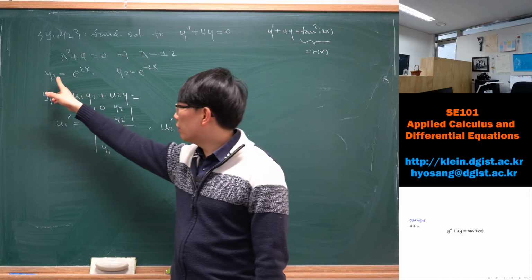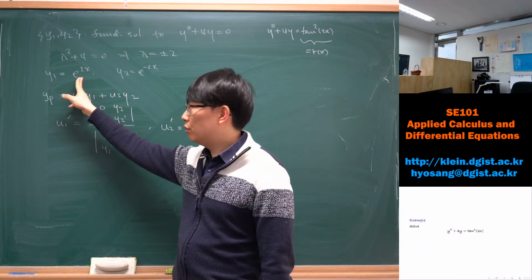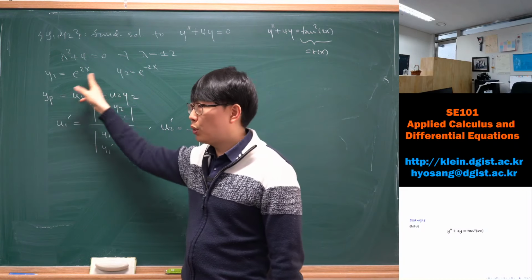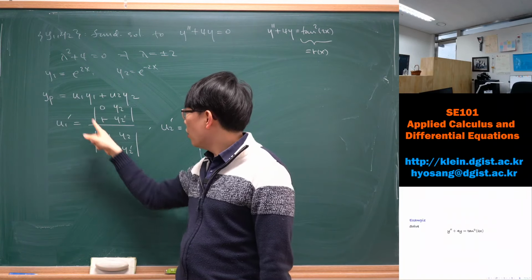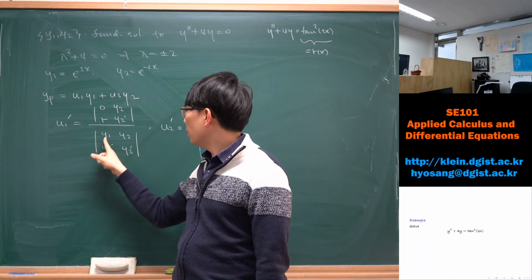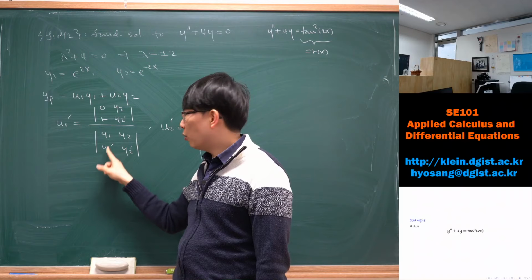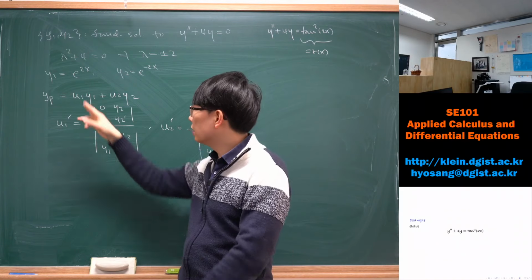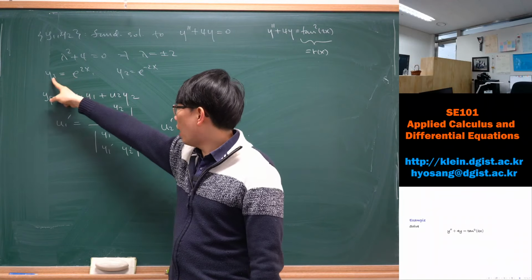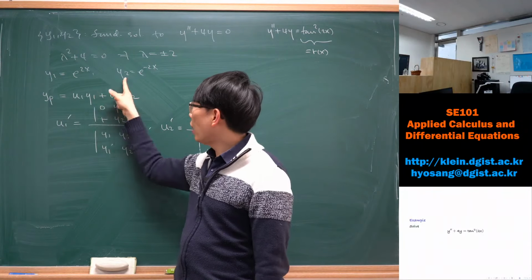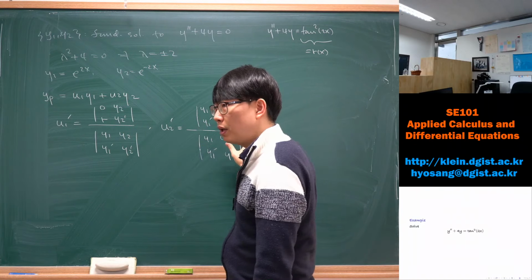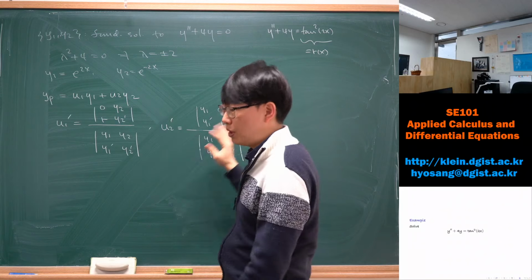It's very important that if you set y1 as e to the 2x and y2 as e to the negative 2x, you have to keep the order. You cannot mix these two inside of this formula. If you choose y1 to be e to the negative 2x and y2 to be e to the 2x, then keep that order inside the formula.